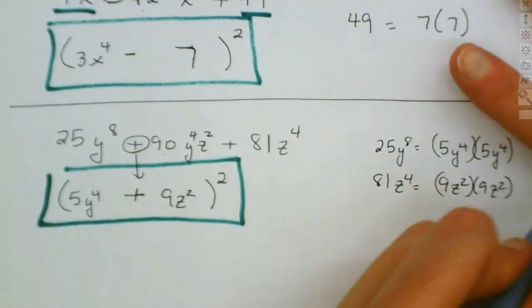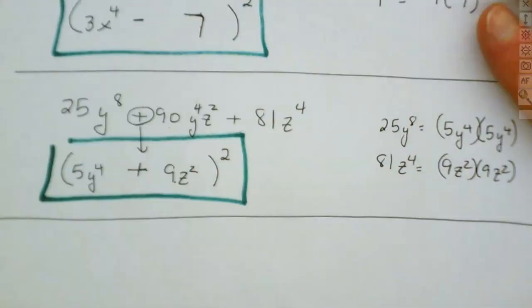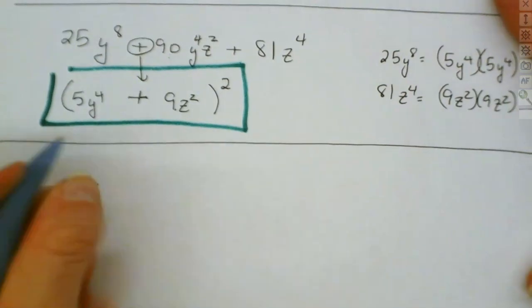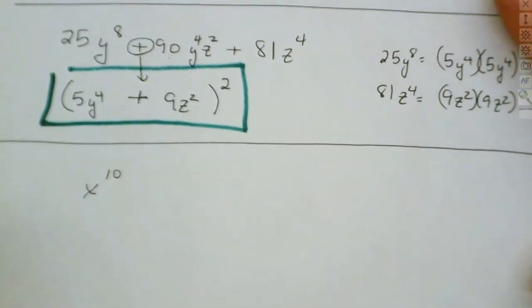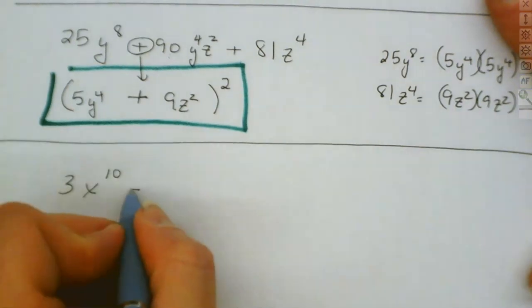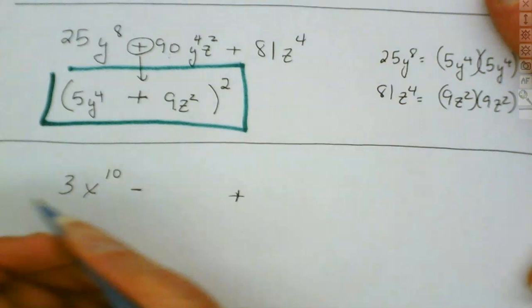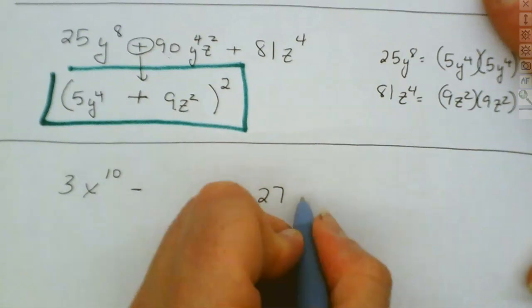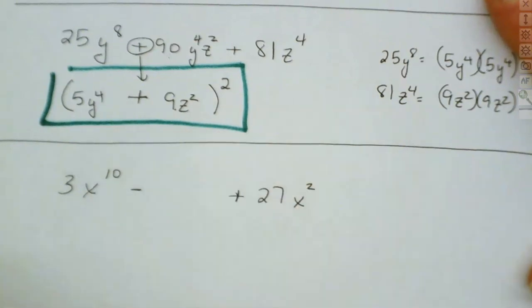You may also have to factor something out at the very beginning. So let's do x to the 10th, and let's put a 3 in front of here. And let's do a minus, let's do a plus over here. Let's do a 27. How about x squared on the end?